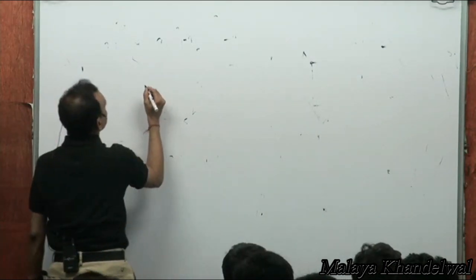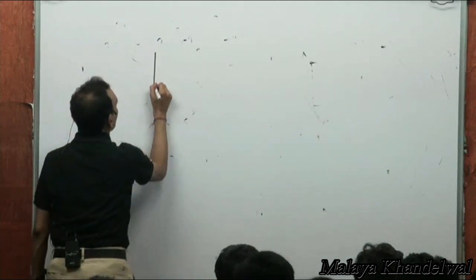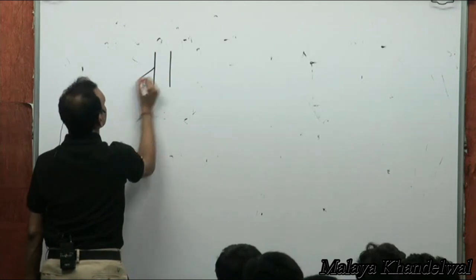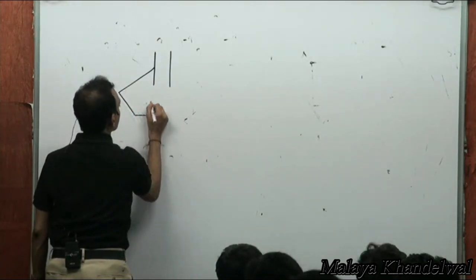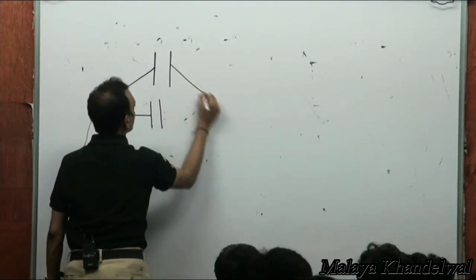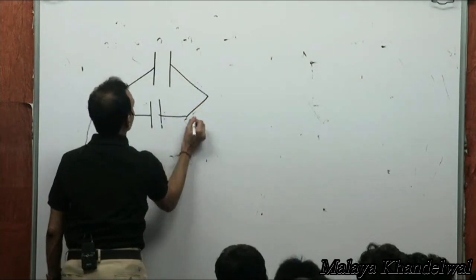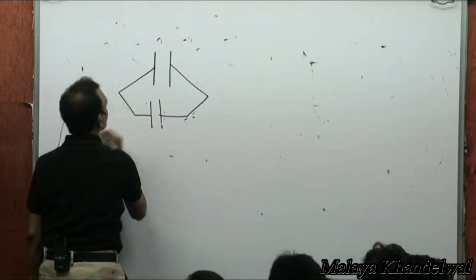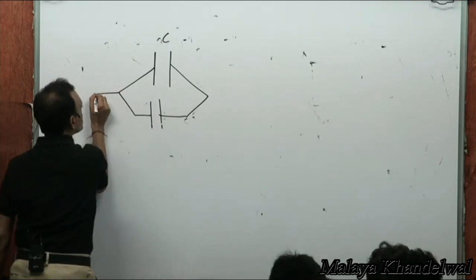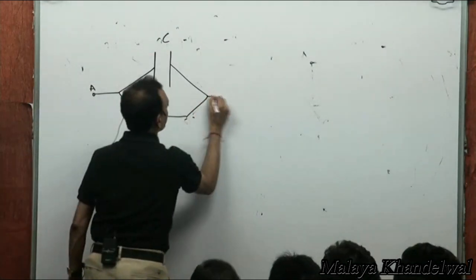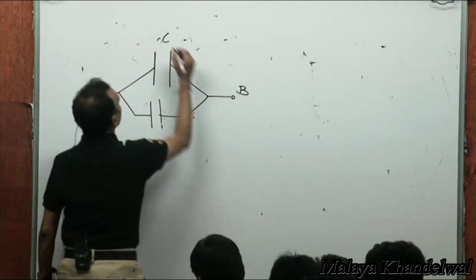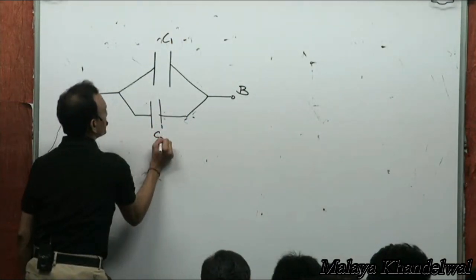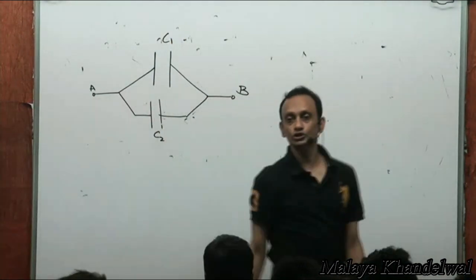Similarly, we could have had an arrangement of the following kind between two points. Say between points A and B, I have an arrangement of two capacitors C1 and C2 connected as shown.